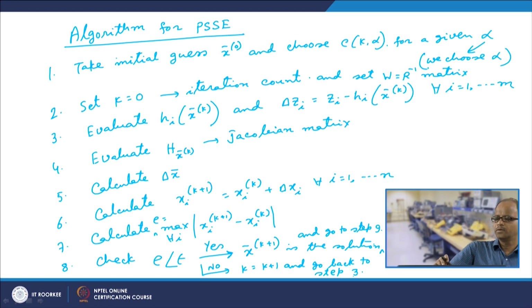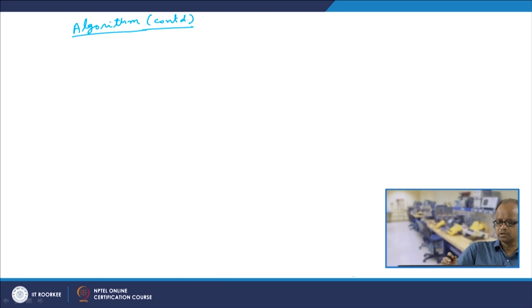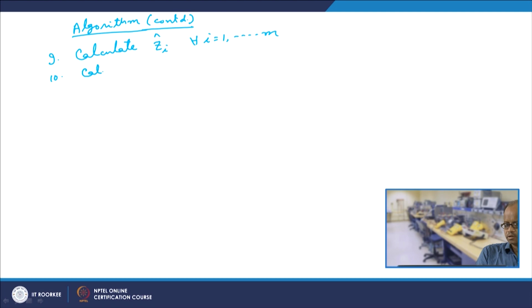What do we do in step 9? We calculate z i hat for all i equal to 1 to m. Then step 10, calculate e i hat is equal to z i minus z i hat, for all i equal to 1 to m.